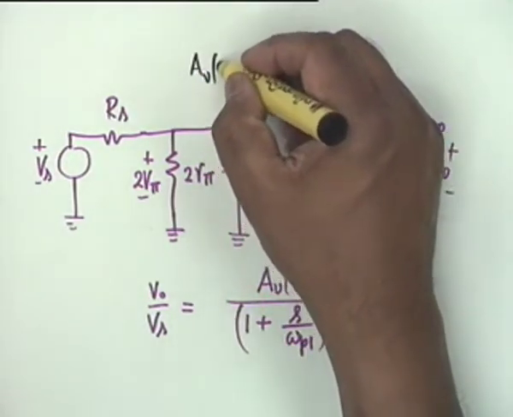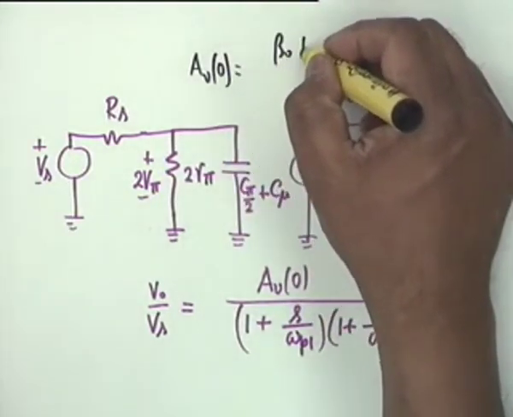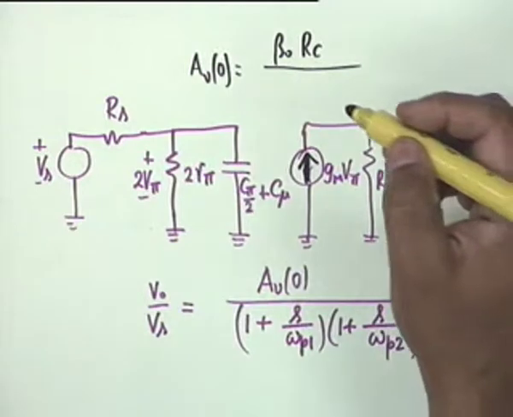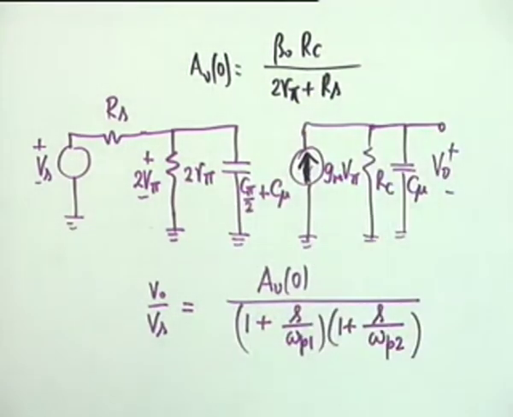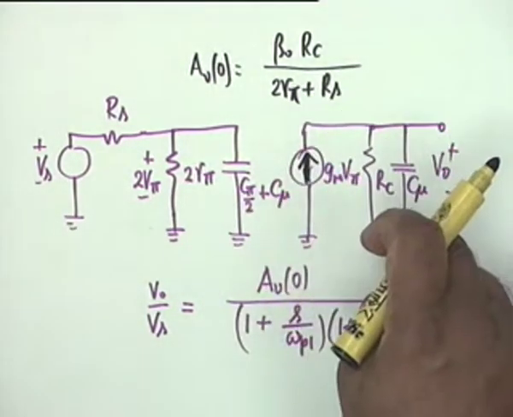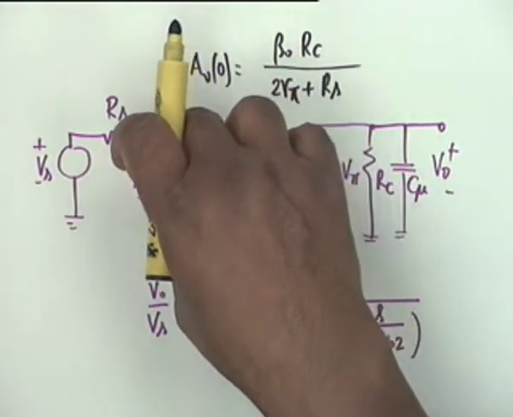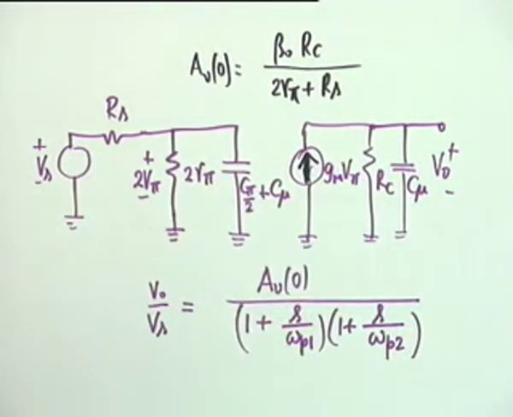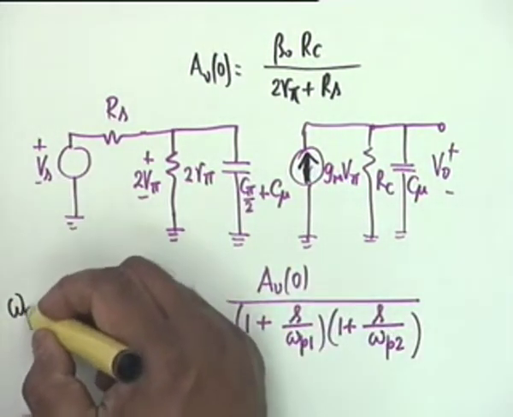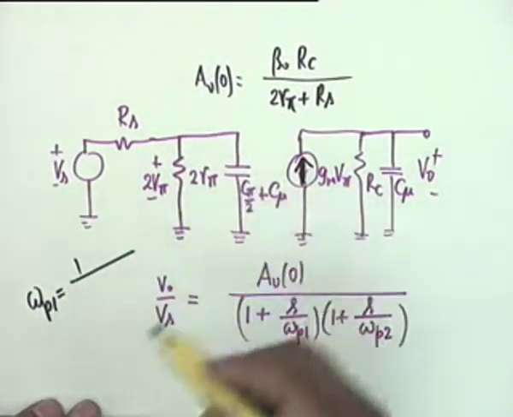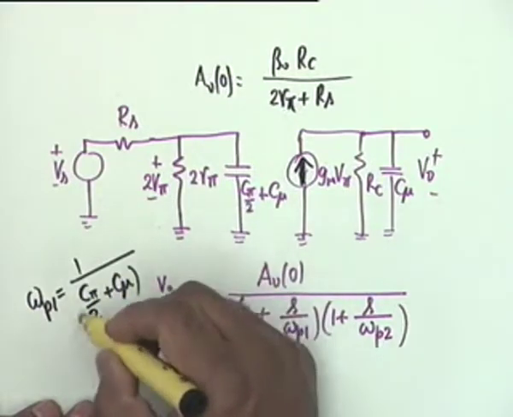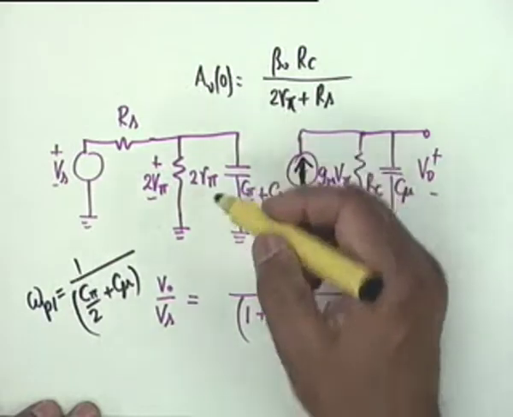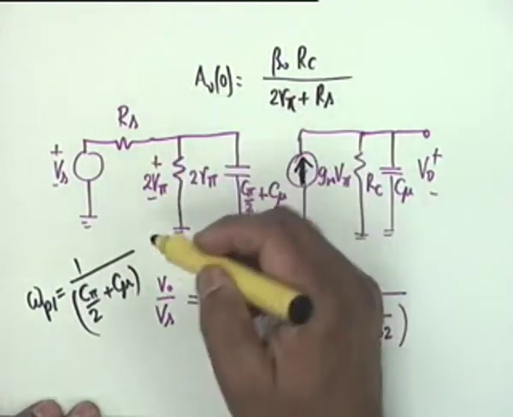For example, AV0, we found out, is beta 0 R sub C divided by 2 R pi plus Rs. That's it. And that's obvious: gm V pi flows to RC, V pi is this voltage, twice V pi is this voltage, and therefore we found that out. Omega P1 is the reciprocal of this time constant, which is C pi by 2 plus C mu multiplied by what this capacitor sees, a parallel combination of 2 R pi and Rs.